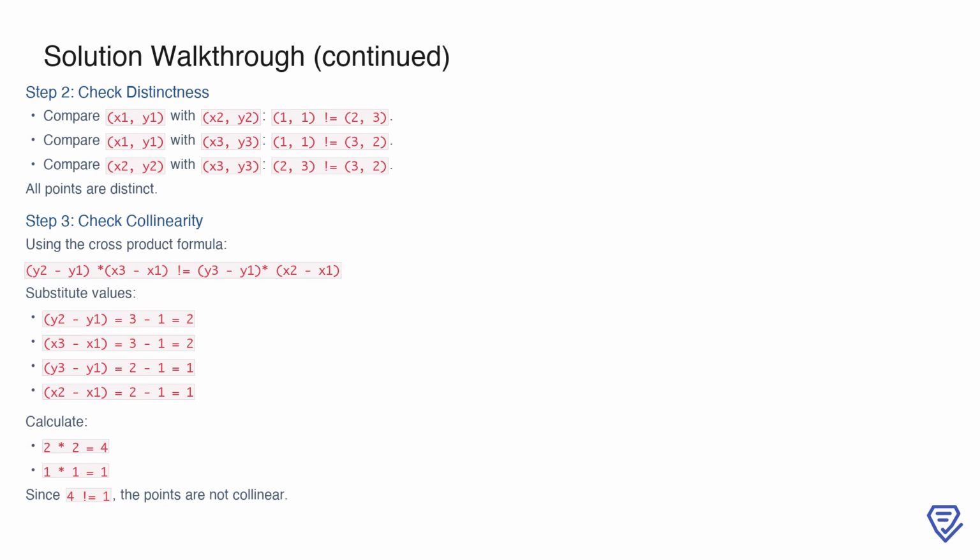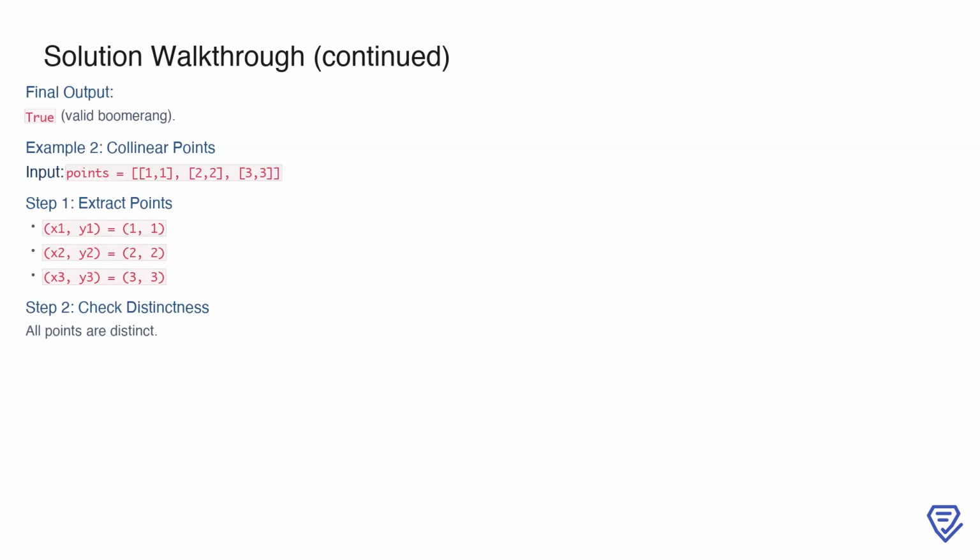Using these values, we compute the cross product. 2 times 2 equals 4, and 1 times 1 equals 1. Since 4 is not equal to 1, the points are not collinear. This means the 3 points form a valid boomerang. With both checks completed, we can determine the final output for this example. Since the points are distinct and not collinear, the result is true, indicating that these points do form a valid boomerang.